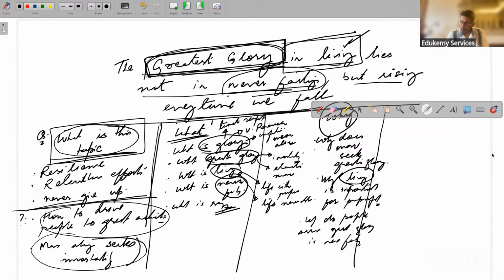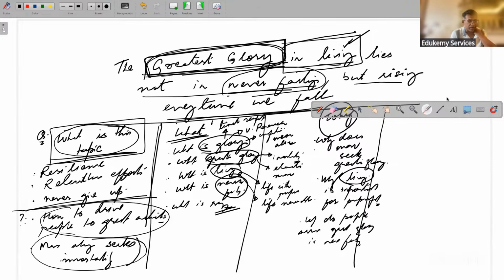Can you give me some more questions, all of you? I'm looking at some more questions. Why is rising up a measure of greatest glory? This will be an obvious question. Why is rising up important? No, more important than importance, Shiv, is that you talk in the context of why rising is about greatest glory.